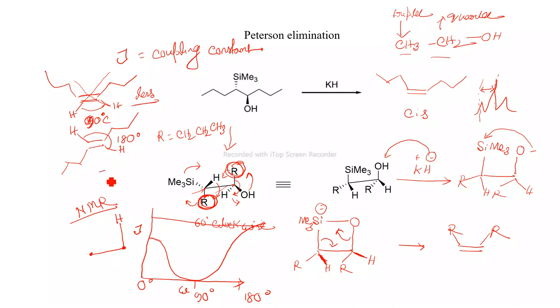So here the J value will be around 12 to 16 and here the J value will be around 6 to 10 hertz. That's how they are confirmed. If the two hydrogens are trans in nature, their coupling will be high, and if they are cis in nature, their coupling will be less. That is the Karplus correlation. So in the question they will give J equal to 14 hertz, suppose. Then you have to understand that is a trans bond. If they give J equal to 8 hertz, then that is a cis bond. Just you have to understand that.